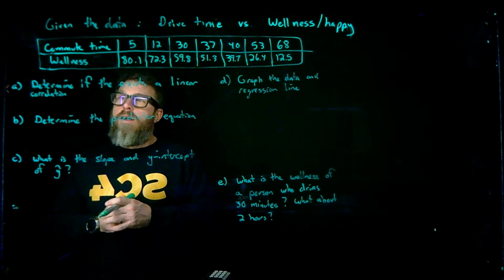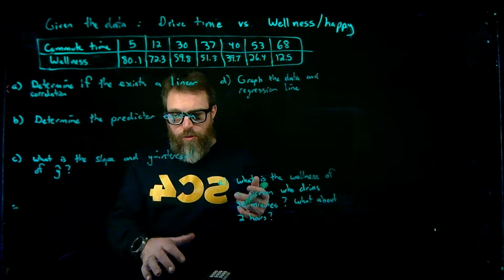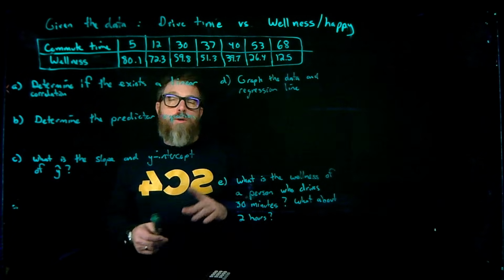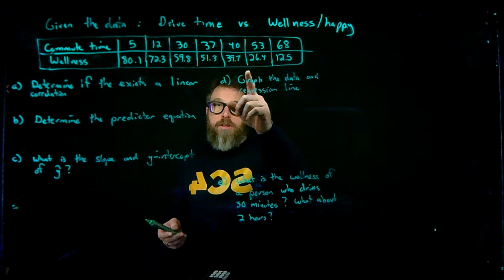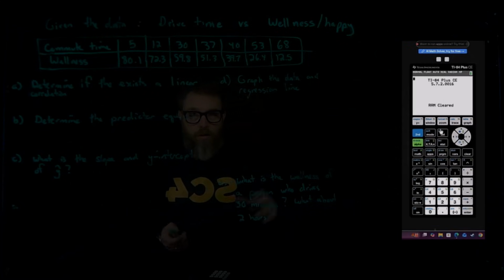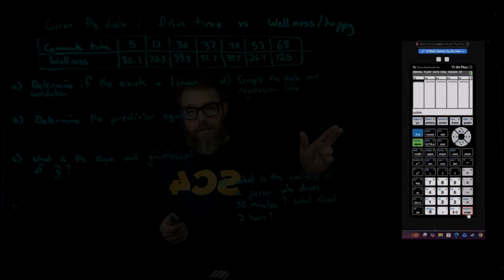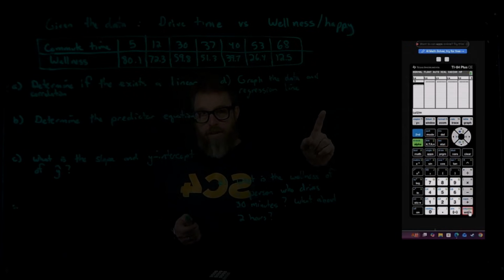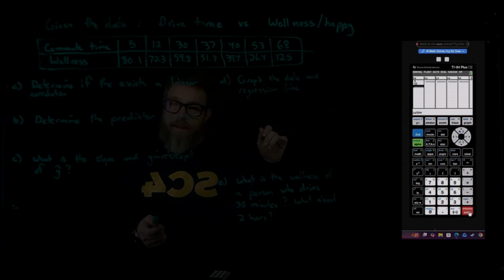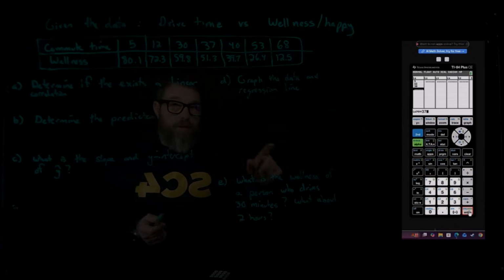We won't know yet. So in order to do that, I need to compute R. Now, in order to compute R, I'm going to plug this data into the calculator. So over here, we're going to hit stats. It's already highlighted on edit, so hit edit and then enter.